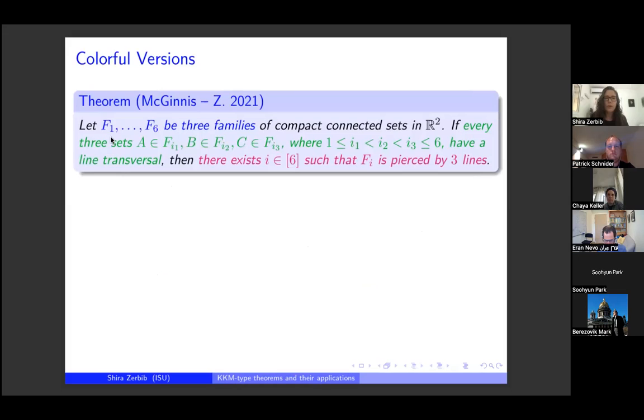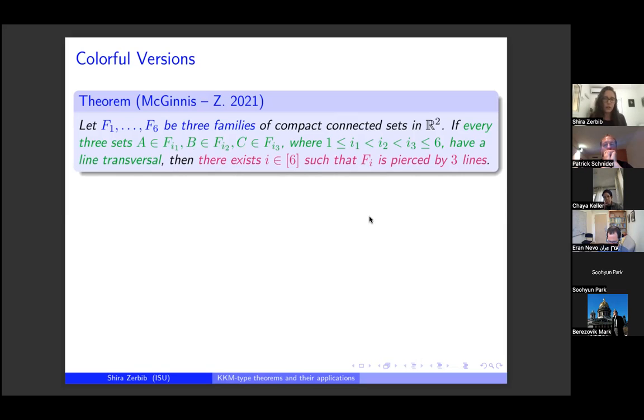So we can prove that if we have 6 families, sorry about these 3 here, should be 6, of compact connected sets in R2, and if we have the property that every time we pick 3 sets from 3 different families, then these 3 sets A, B, and C have a line transversal, then we can find an integer i between 1 and 6 such that Fi is pierced by 3 lines.